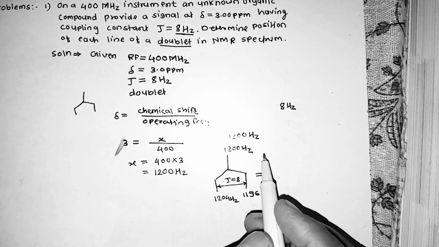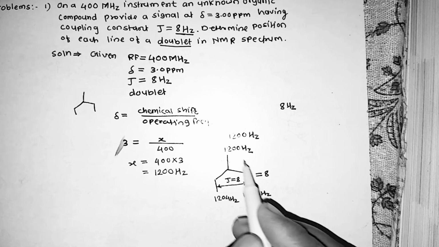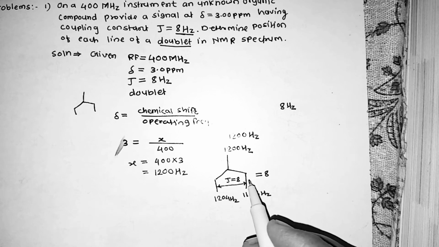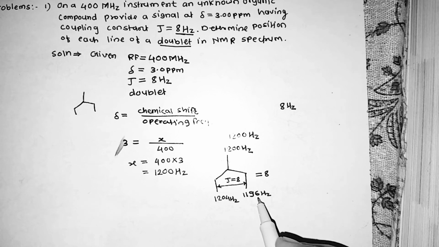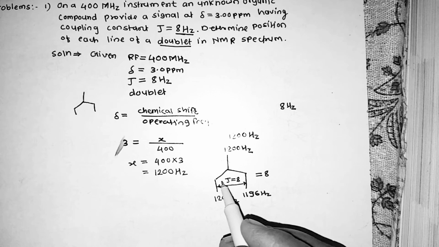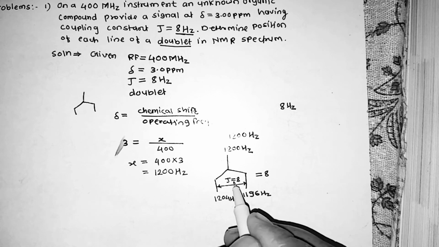Because coupling constant is given, which is 8 Hz, we have to move right hand side by 4 Hz and we have to move left hand side by 4 Hz, so as to maintain the distance 8 Hz.